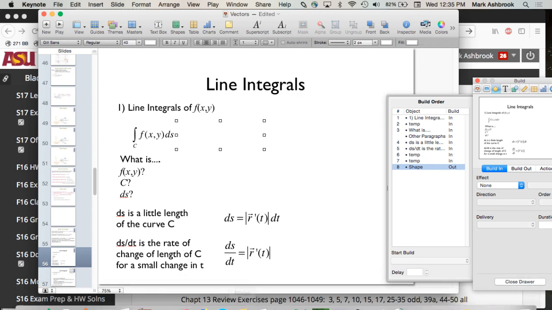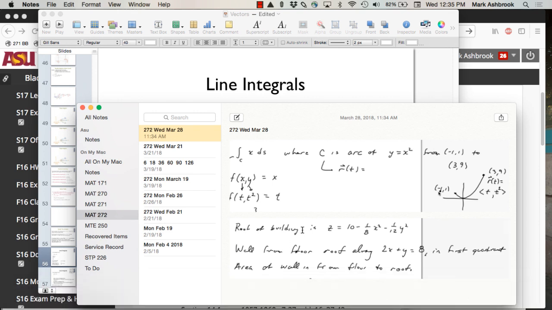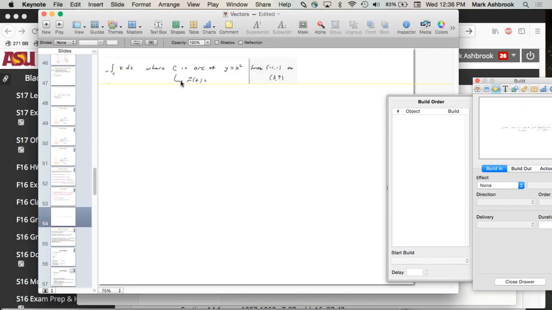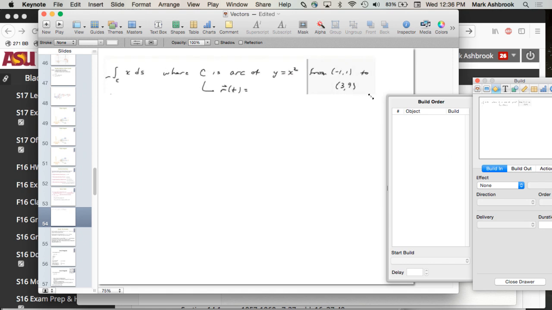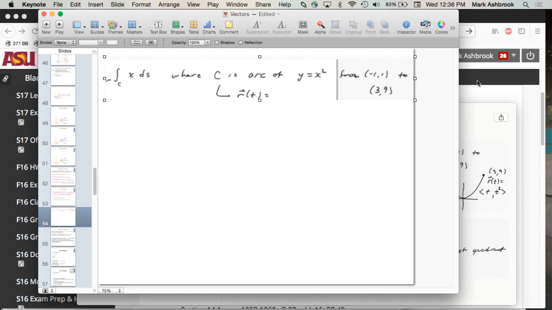I want to do the line integral over C of x ds, where C is the arc of y equals x squared from (-1, 1) to (3, 9).